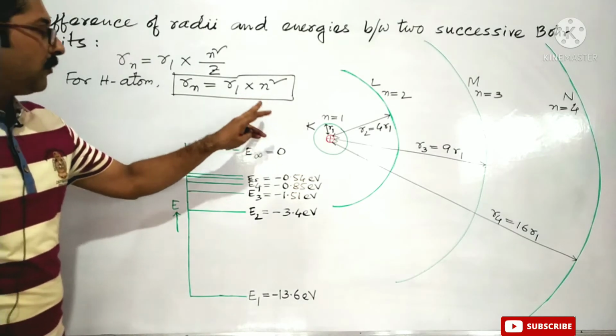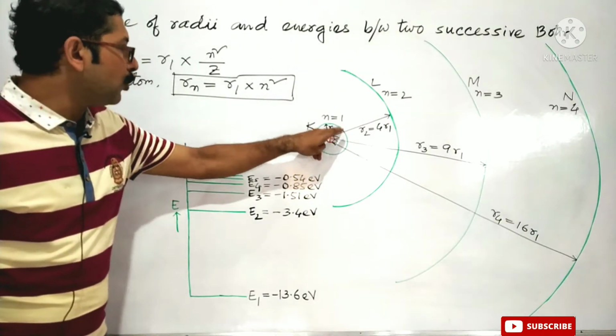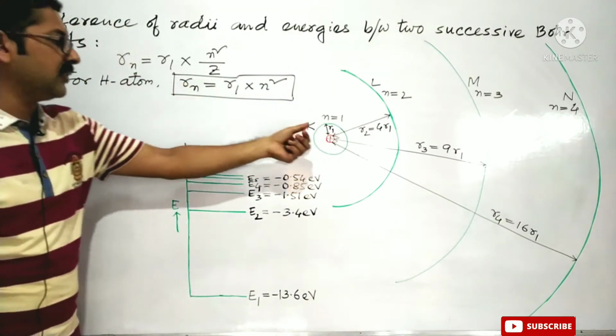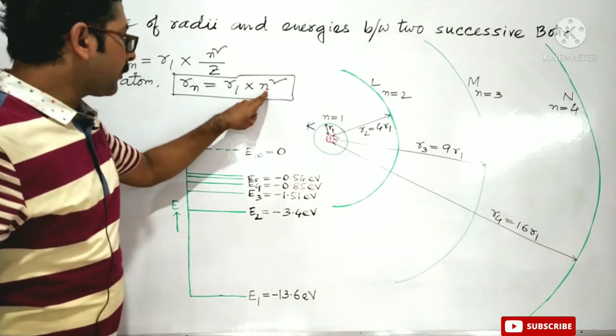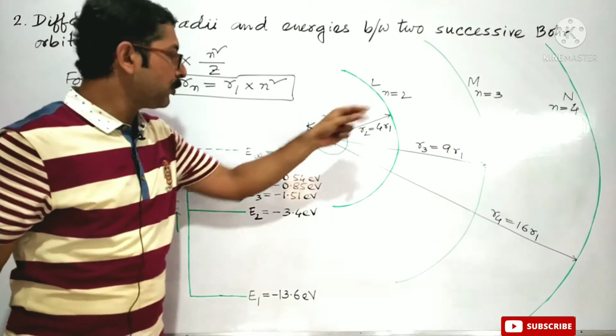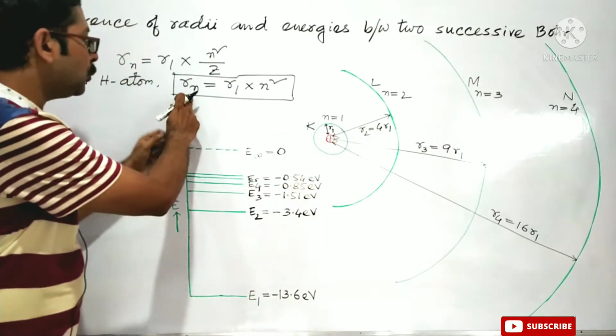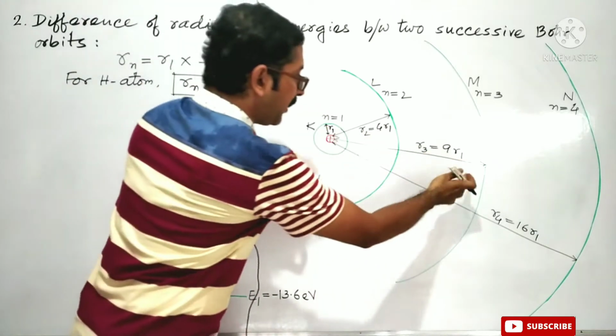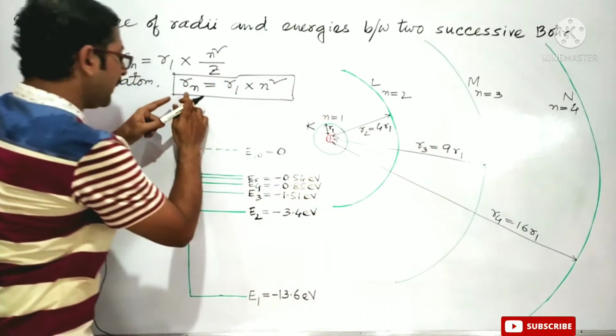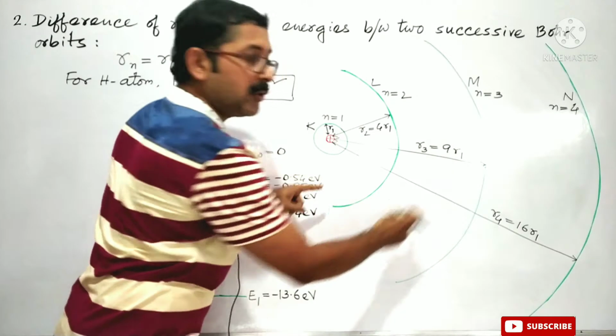Now for the first orbit, n equal to 1, this is the radius of the first orbit, R1. For the second orbit, n equal to 2, so R2 will be 4 into R1. For the third orbit, n equal to 3, so R3 equal to 9 into R1.